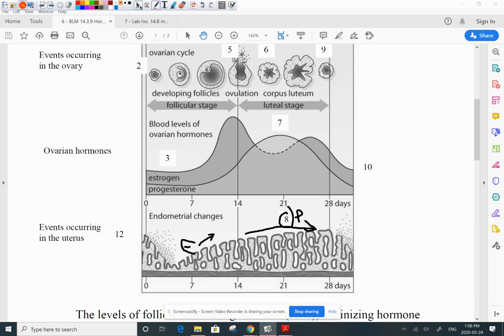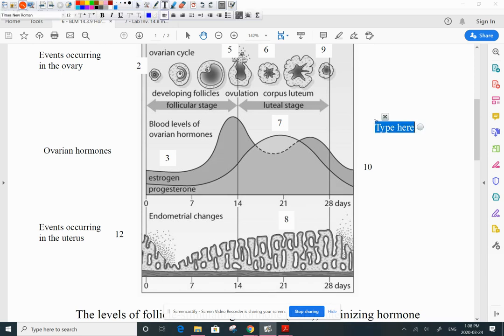So now let's see what happens. Let's say that there is no fertilization. Okay, so if there is no fertilized egg, what's going to happen? If there is no fertilized egg, then there is going to be no more corpus luteum. The corpus luteum degenerates. What does that mean?